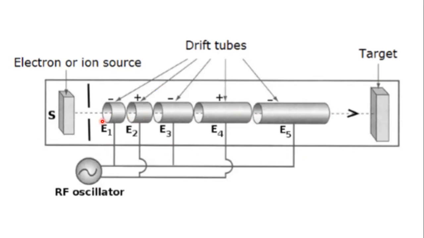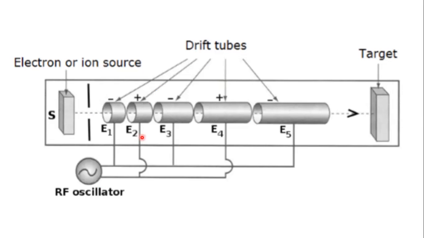Look at the diagram: E1, E2, E3, E4, E5. These are the electrodes which are arranged one after the other. They are not directly connected. There exists a gap between the electrodes, and they are arranged in the form of a series coaxial to the vacuum tube.